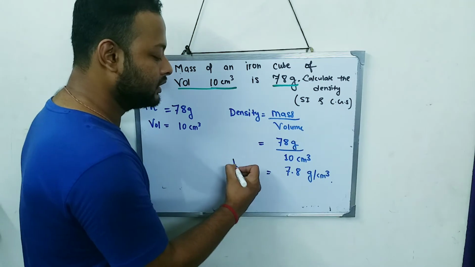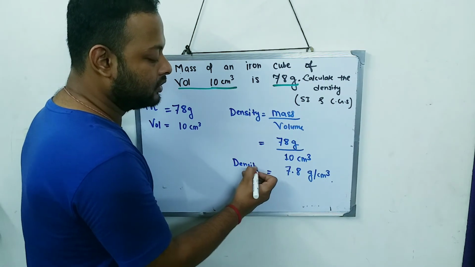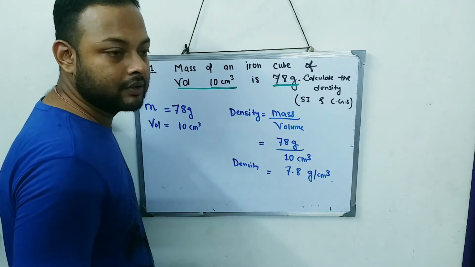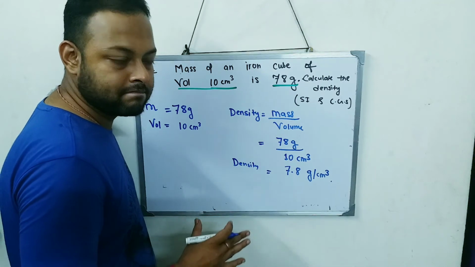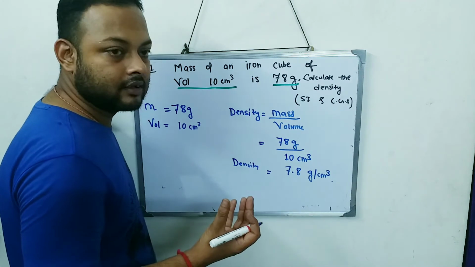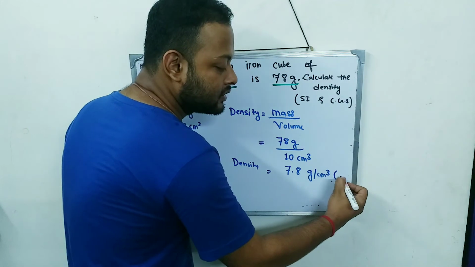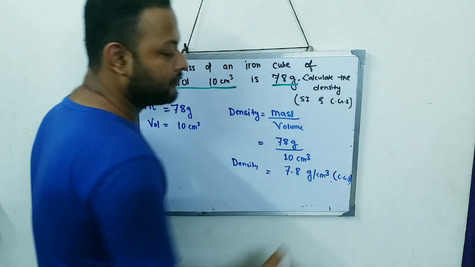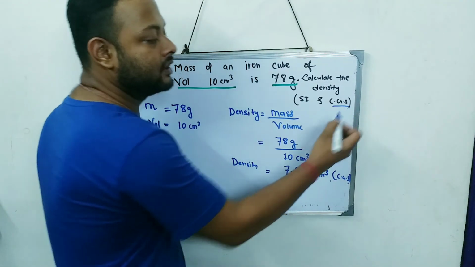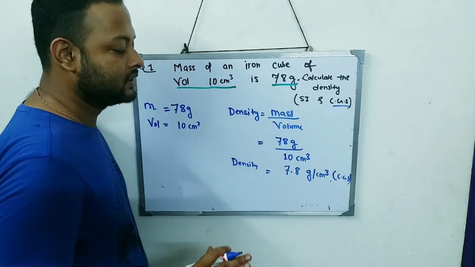That is the density. Now, this 7.8 gram per centimeter cube is a CGS unit. So I got my answer in CGS unit.